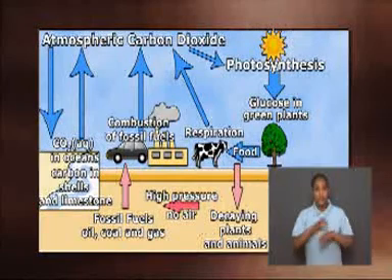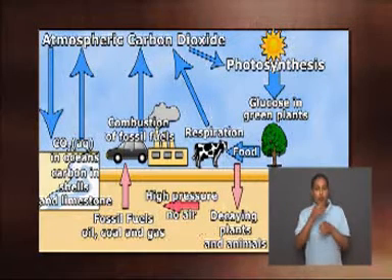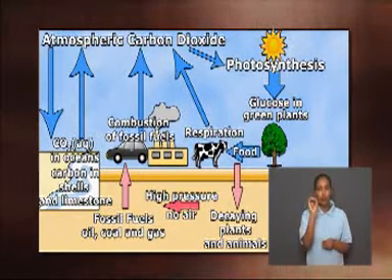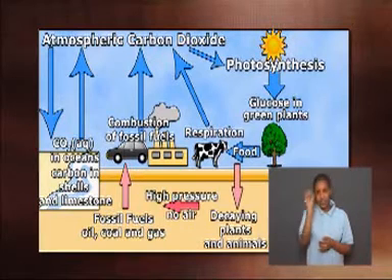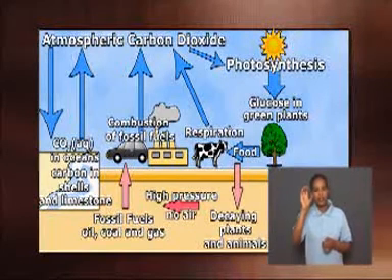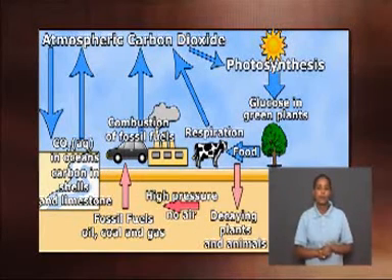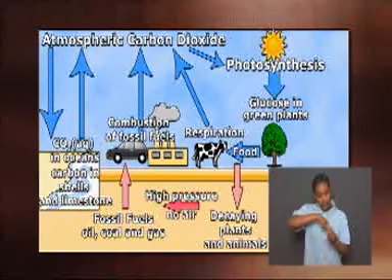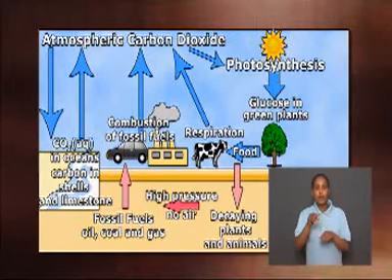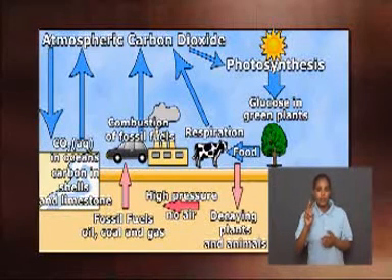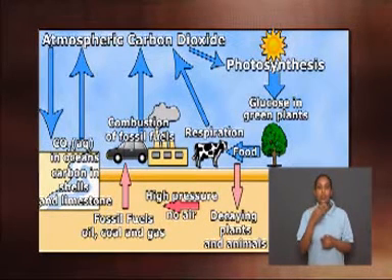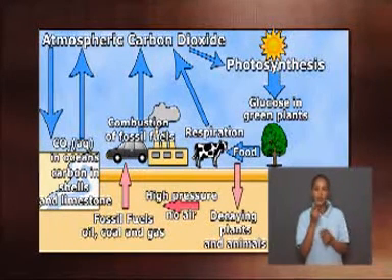The Earth's atmosphere contains about 0.035% carbon dioxide. The biological environment depends on plants to convert this carbon dioxide into sugars, proteins, and fats.